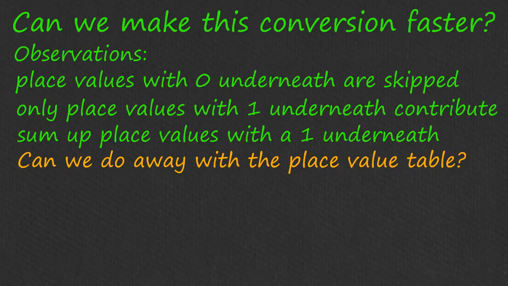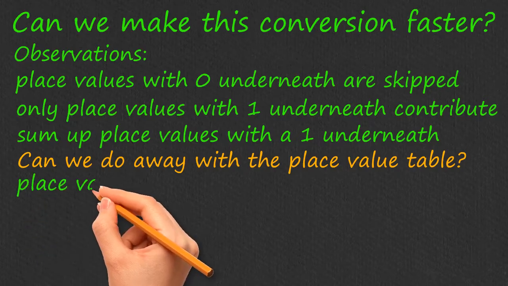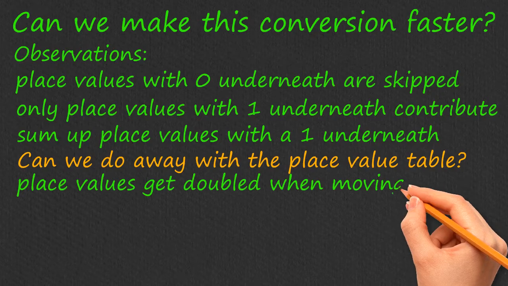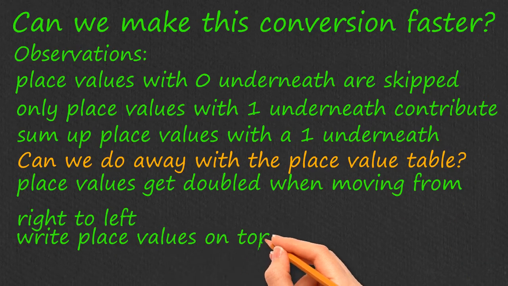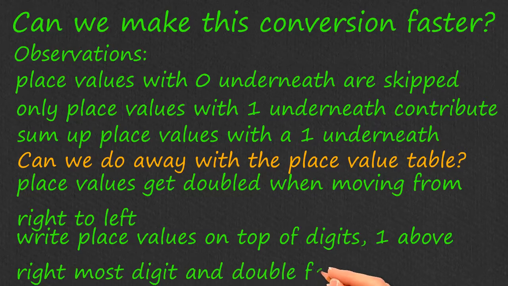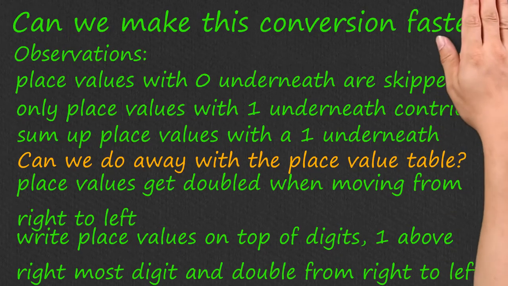We spotted in the binary place value table video, which is video 5, that when moving along the place values from right to left, each place value gets doubled. So we could just write the place values above the individual digits, starting with 1, placed on top of the rightmost digit, and from then on, doubling at every move from place value to place value.